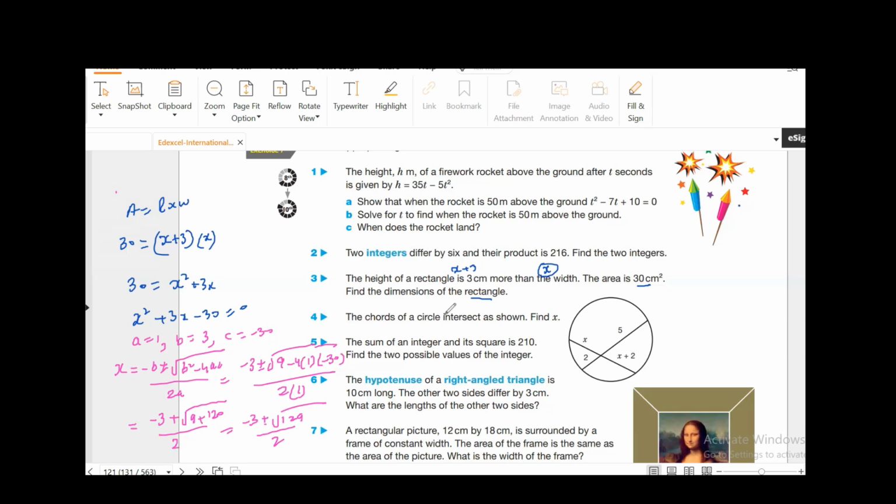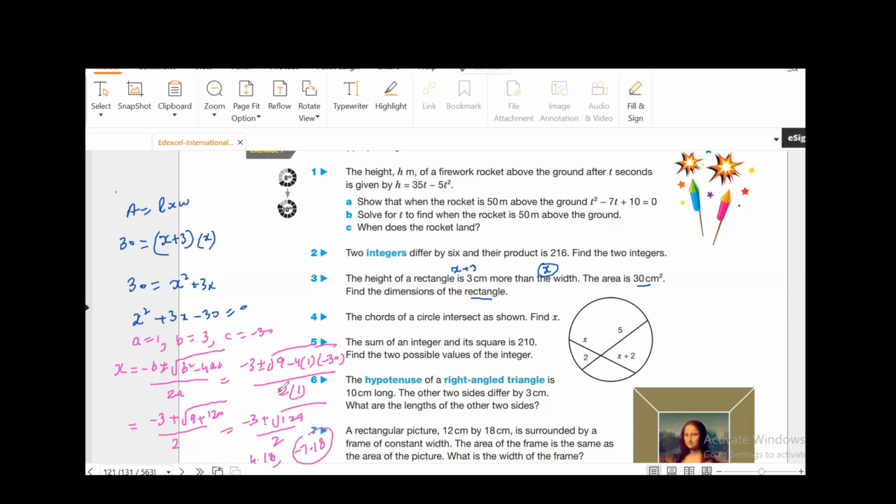If I check in the calculator, negative 3 plus square root of 129 divided by 2 gives me 4.18. And you can check the next answer, negative 3 minus square root of 129, divided by 2, it gives me negative 7.19.